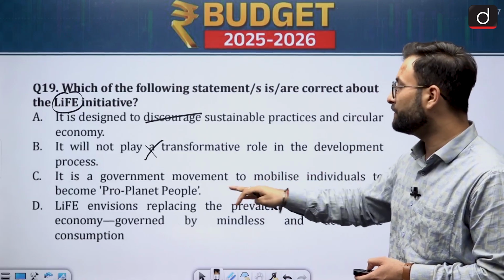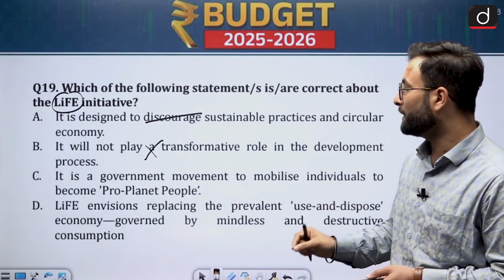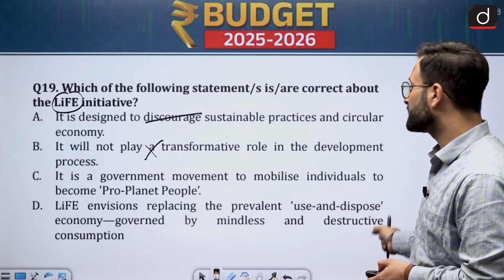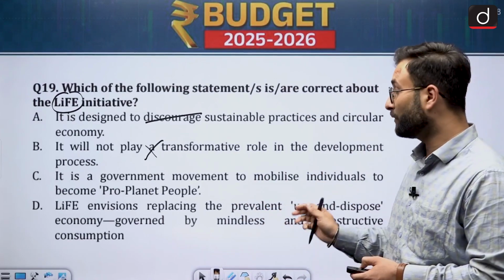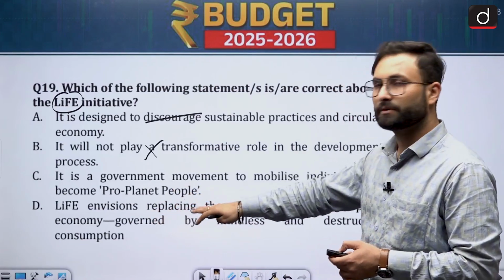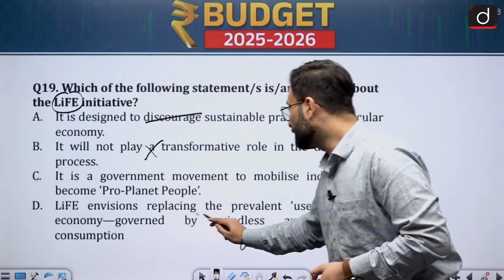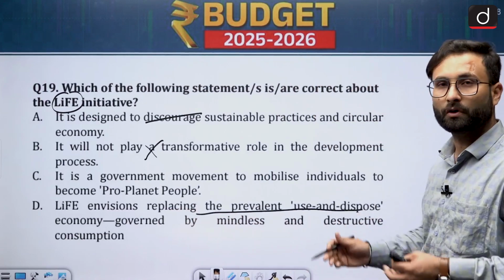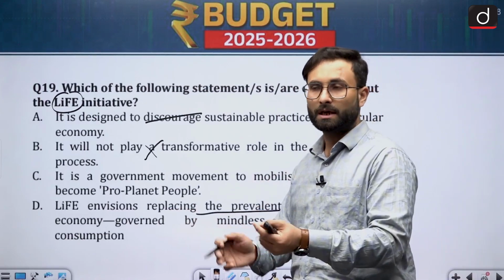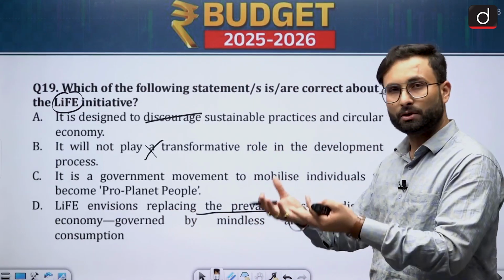Coming to the next one, LIFE envisions replacing the prevalent use-and-dispose economy governed by mindless and destructive consumption. So basically what they are saying is that this LIFE initiative is to change behavior. LIFE envisions replacing the prevalent use and dispose, whatever you are using and disposing. That is to be restricted, and now you can go for the circular economy, where you have to recycle.